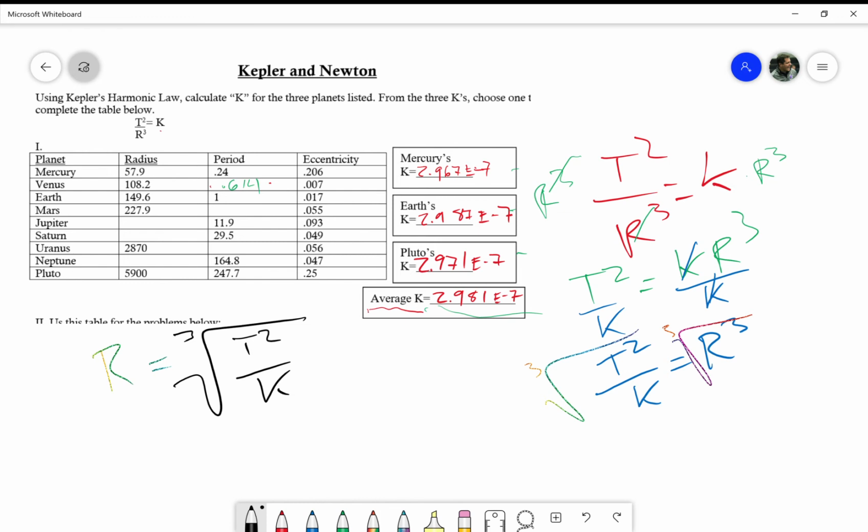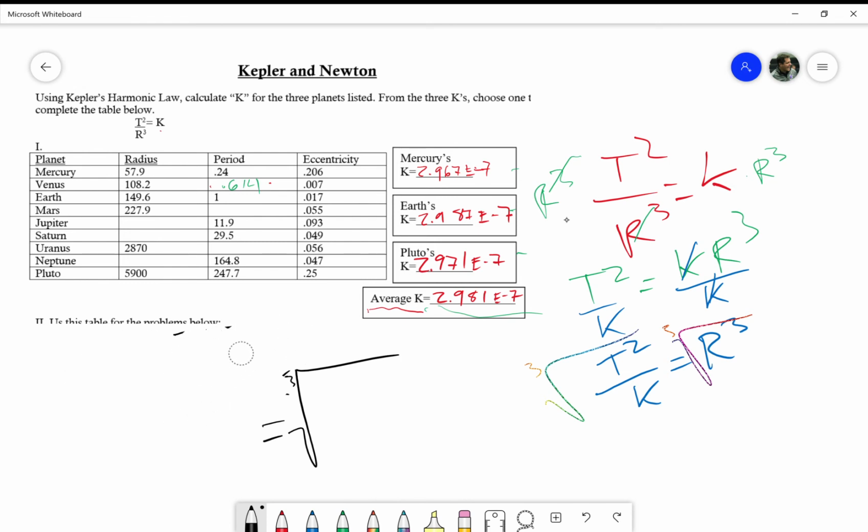So we plug it into our calculator with that. So we do cube root, and I'm going to plug in that K. We're doing Jupiter, so the period of Jupiter is going to be 11.9.